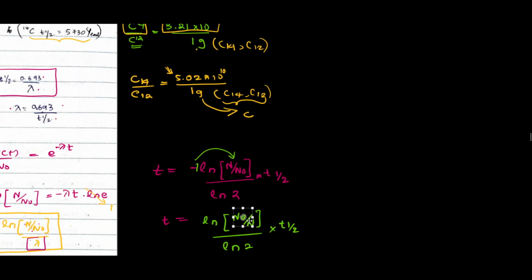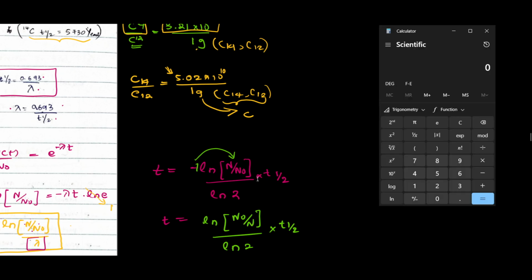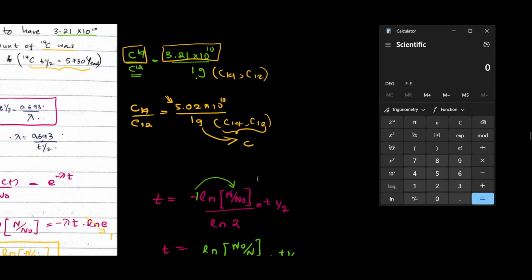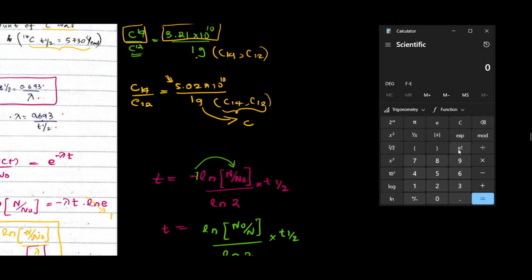We have N naught over N. So N naught is 5.02 divided by 3.21, because 10 to the power 10 gets cancelled, and we have to get the ln of this.